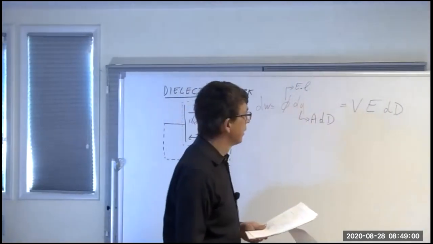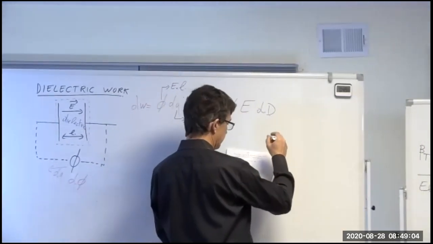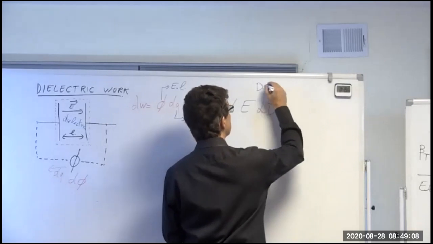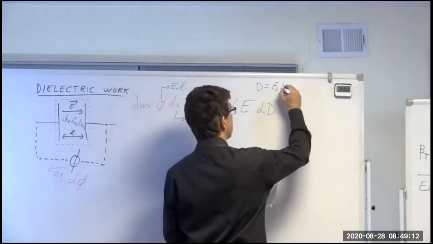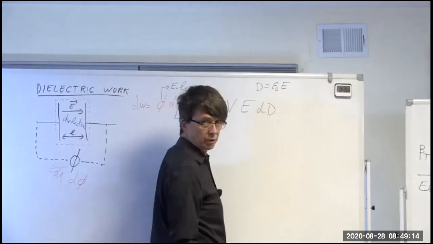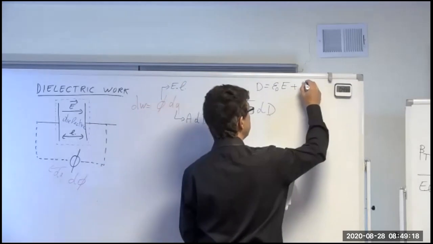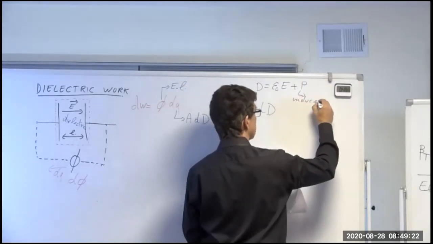Now when you do dielectrics, the displacement D is usually written as the contribution from vacuum, the permittivity of vacuum times the electric field, plus P, and P is the induced polarization in the material.